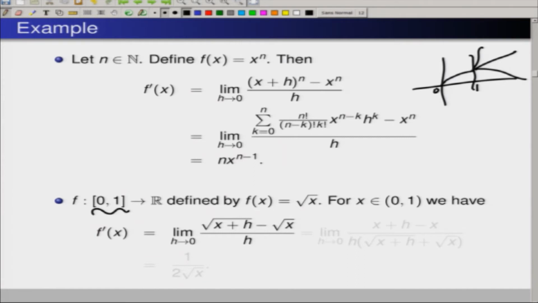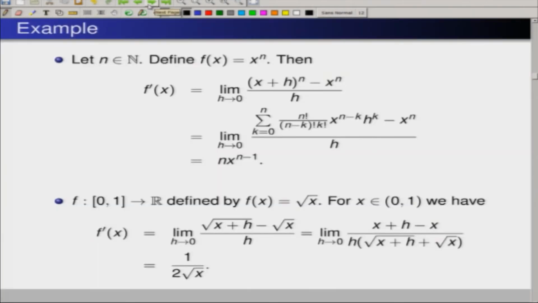So we can only talk of the derivative when x lies in the open interval 0 to 1. In that case, what we need to show is that the limit of f of x plus h minus f of x, divided by h, should exist. This is the square root of x plus h minus the square root of x, divided by h. This is a usual technique, which we are quite familiar with.